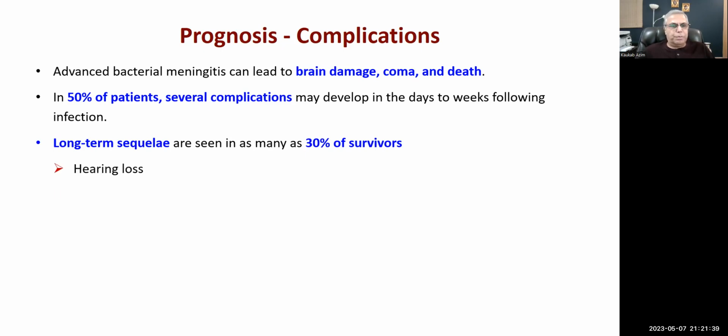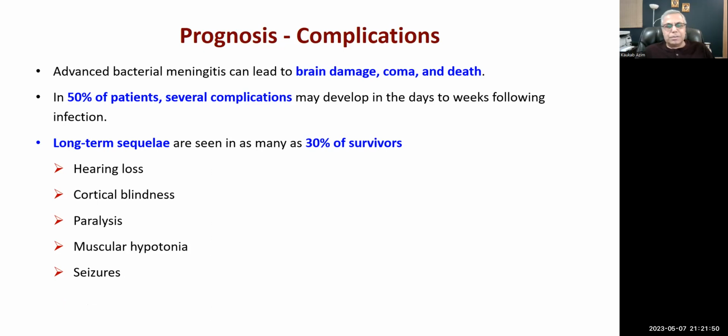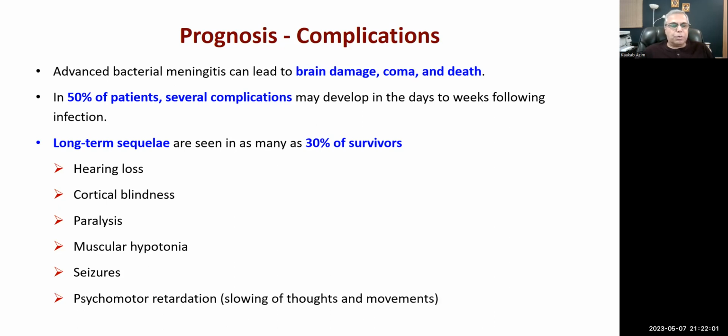It could be hearing loss, cortical blindness, paralysis, muscular hypotonia, particularly in children or babies, seizures. Seizures could be damaging to the brain if they are prolonged, or if they are recurrent. Frequent recurrence of seizures could permanently damage the brain. Psychomotor retardation, which is slowing of thoughts and movements. So all these things could occur in some unfortunate patients despite treatment.